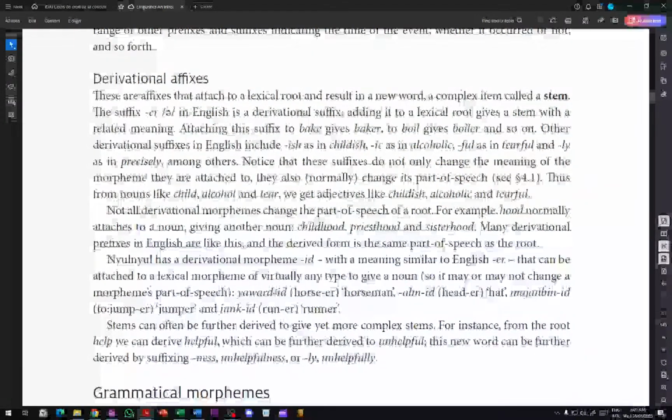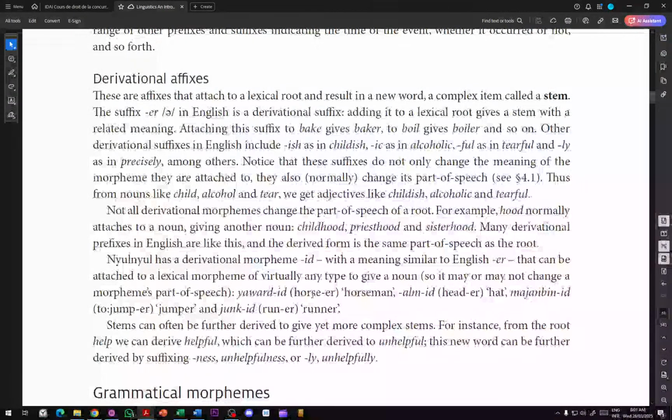Horse, horseman, header, hat, jumper, and runner.